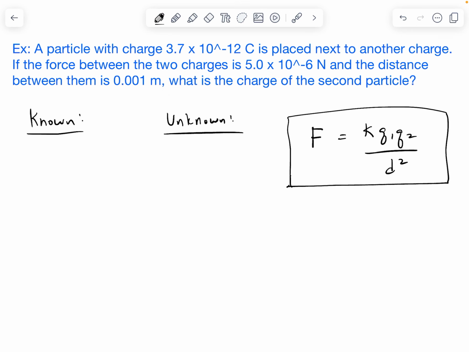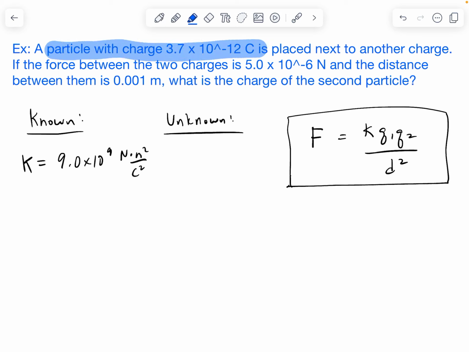Even without looking at the problem, I already know my lowercase k basically rounds up to 9 times 10 to the 9th. It does have some funky units, newtons times meters squared over Coulomb squared, but we don't really care about the units. We just need to know that this lowercase k is 9 times 10 to the 9th.